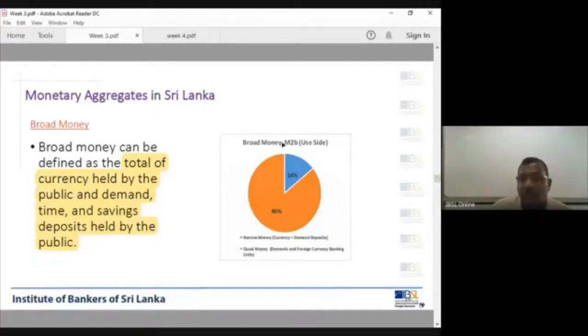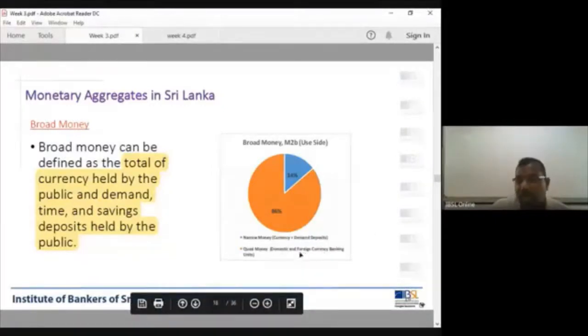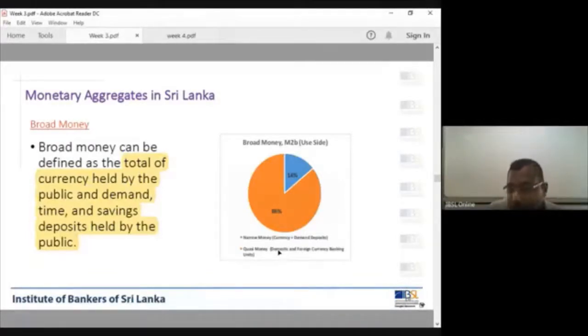Out of the broad money M2B, 14% is roughly currency, currency held by the public, the first component. The balance 86% is demand, time, savings deposits of domestic banks and foreign currency banking units. That's the difference between M2 and M2B.